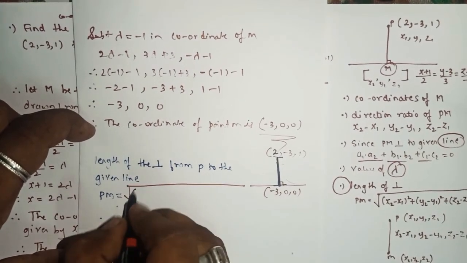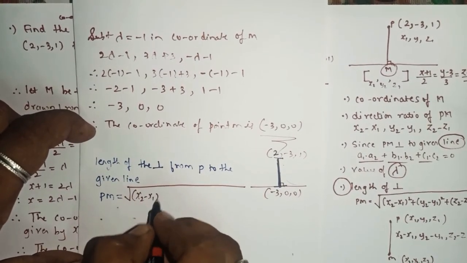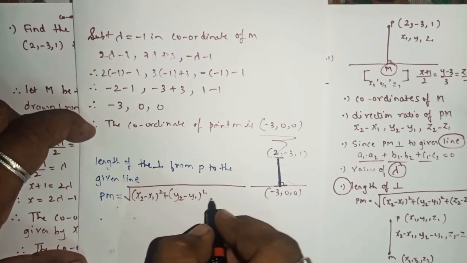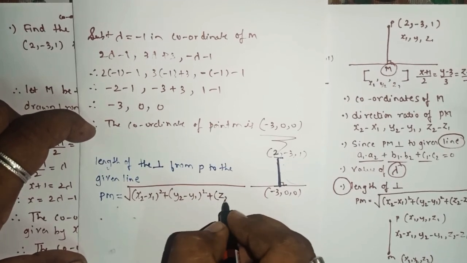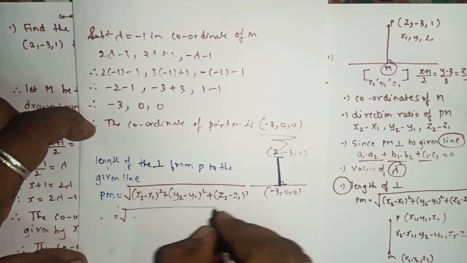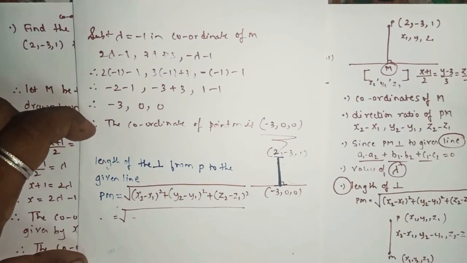We know the formula: square root of x2 minus x1 the whole square, plus y2 minus y1 the whole square, plus z2 minus z1 the whole square. Okay, now it is up to you. You can consider x1, y1, z1 anything.